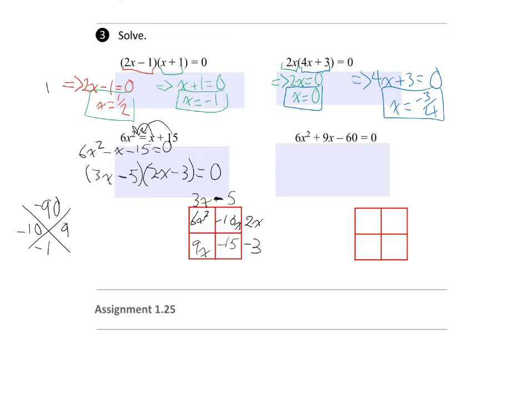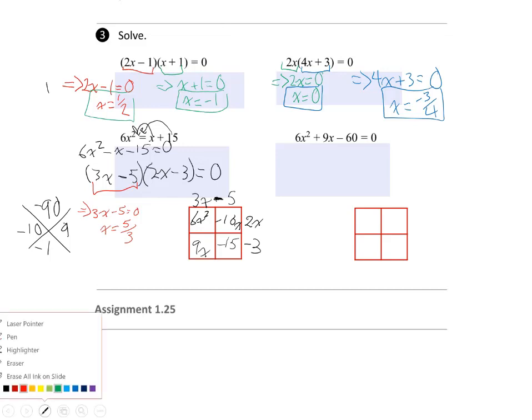So what this means is I'm going to have two solutions. The spacing's a little awkward, so I'll use red to highlight here, or underline here. This implies that 3x minus 5 equals 0, which means x equals 5 over 3. And then I'll use green for the second one, 2x minus 3.